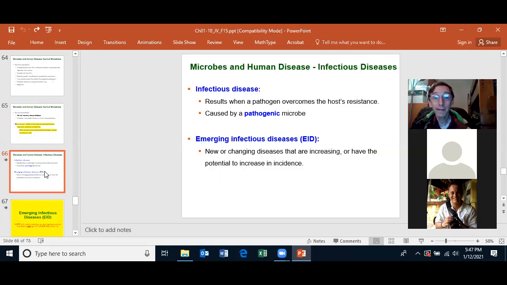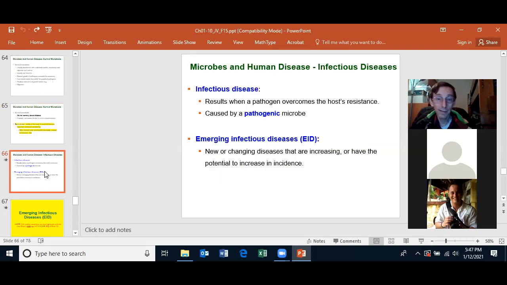Infectious disease results when a microbe gets on a patient, overcomes the host resistance, does damage, and then causes disease. So infectious diseases are caused by pathogenic microbes.